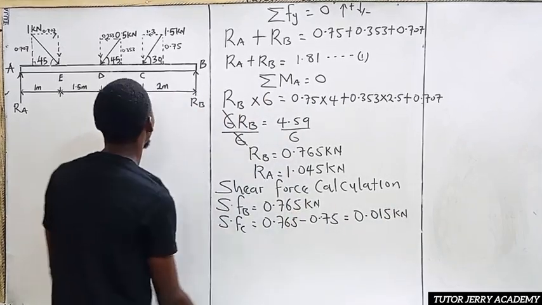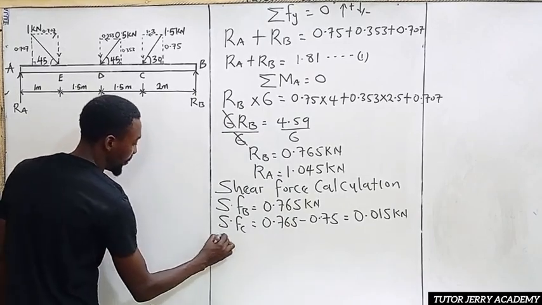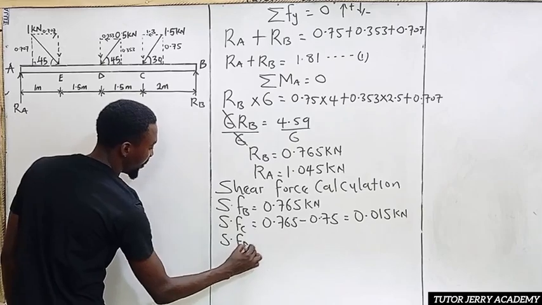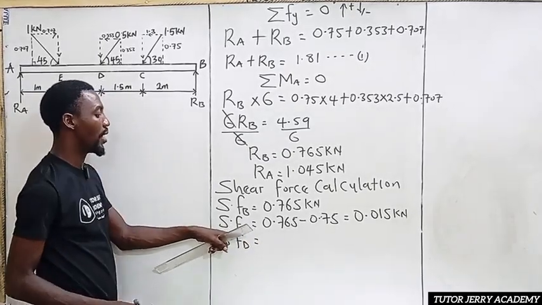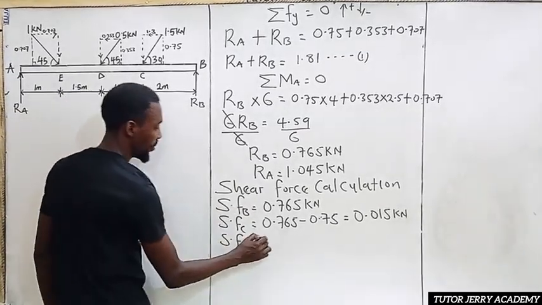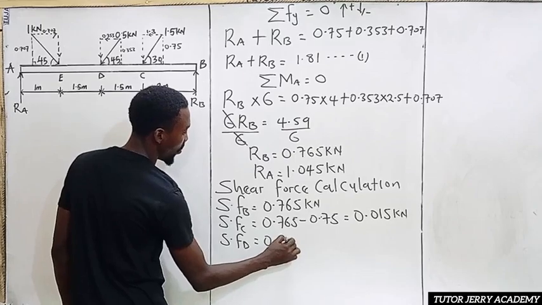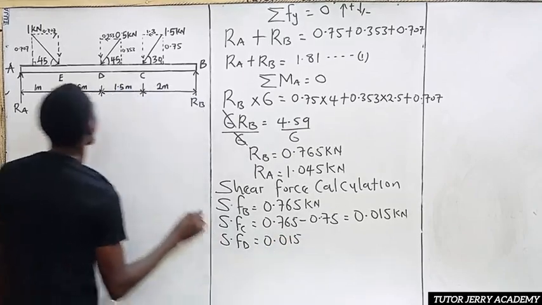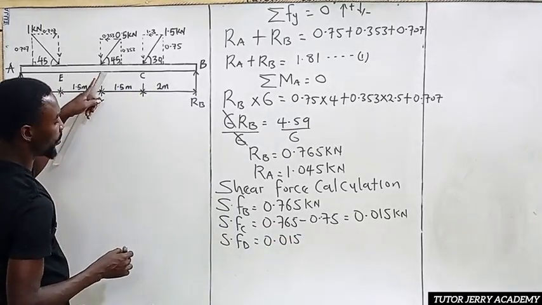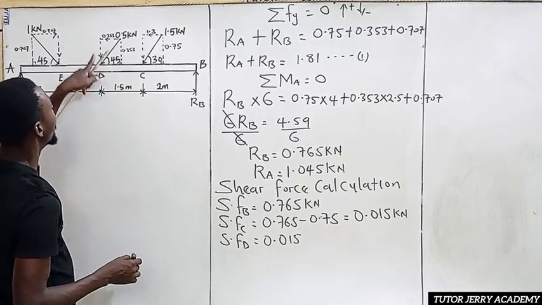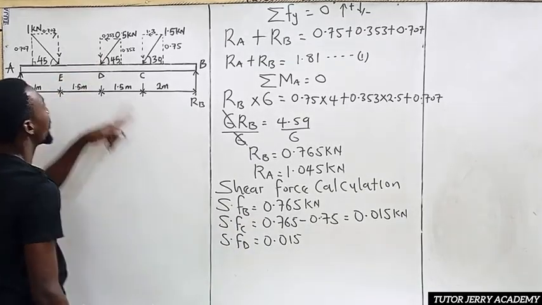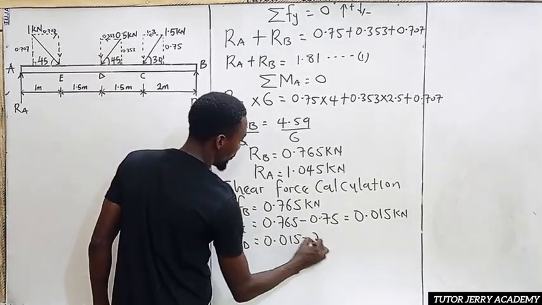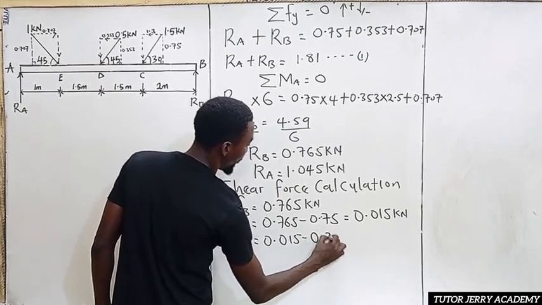All right, so the shear force at point D will be equal to, since we know the shear force at point C to be 0.015, the only thing we need to do here is to subtract the shear force at point D from that of point C. So we're going to have this one minus 0.353.